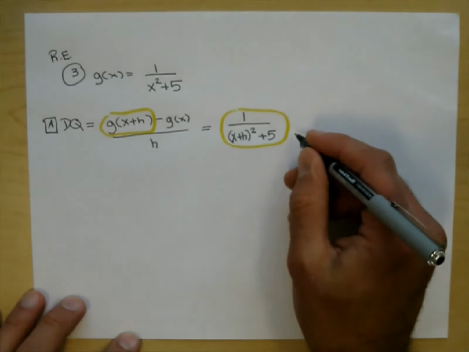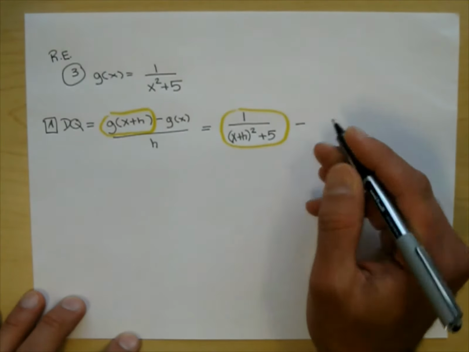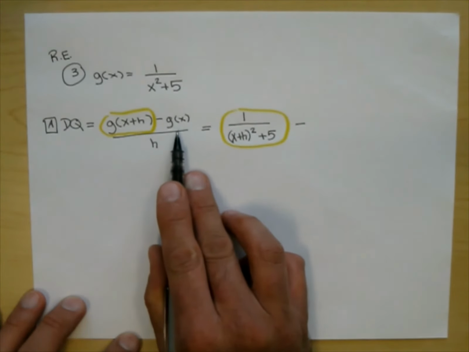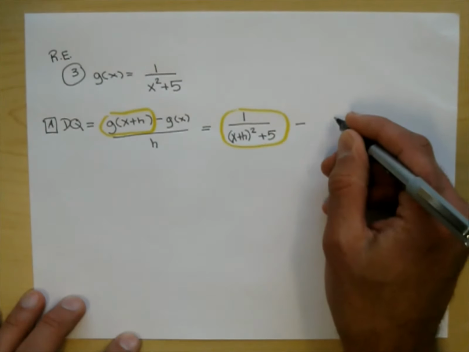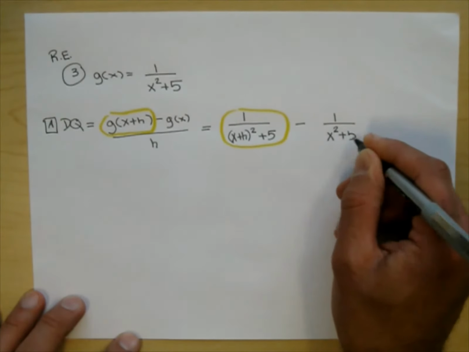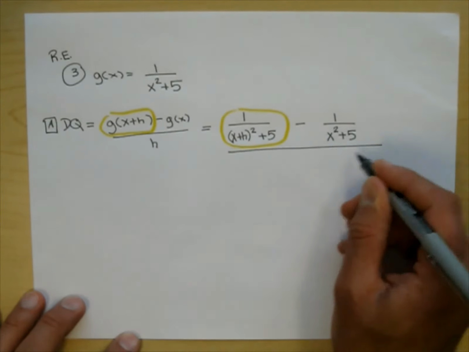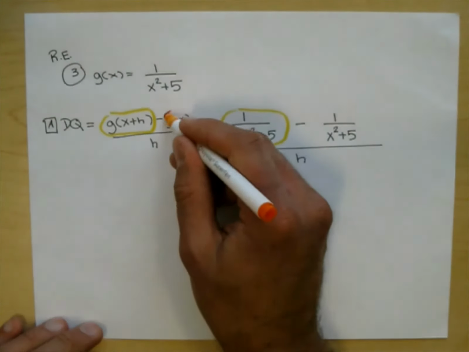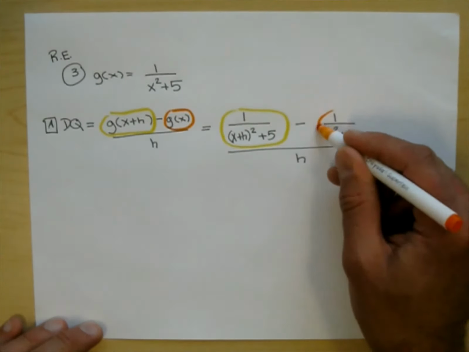Minus sign, minus g of x. So g of x is just this guy right here, 1 over x squared plus 5. And this is all over h. And I'll color code this one here.